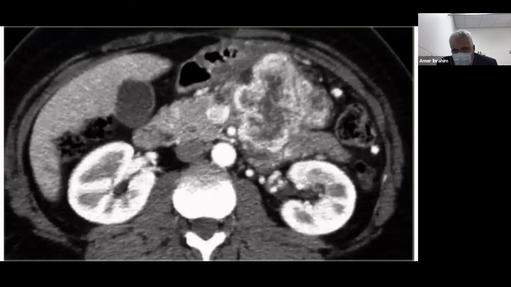Of course, the pancreatic neuroendocrine tumors are a range of tumors which start from benign and go to those that aggressively metastasize to the liver. And their outcome is definitely much better than pancreatic ductal adenocarcinoma, but it could be quite a malignant tumor.